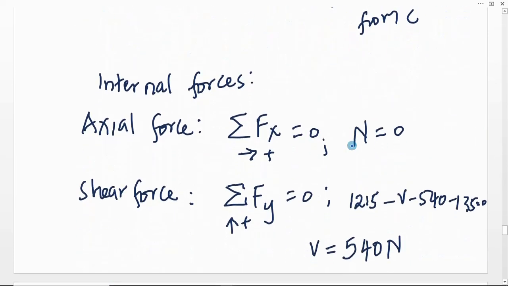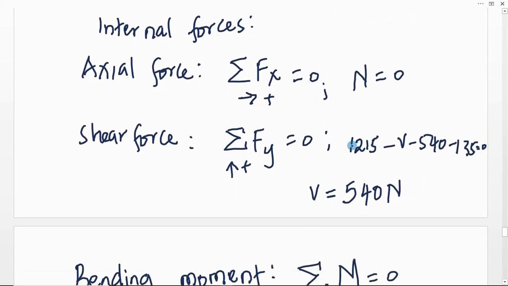Now, having known those forces, we have determined the external forces, so we need to determine the internal forces: the shear force, the axial force, and the bending moment. Axial force is determined from the sum of horizontal forces equal to 0, so that N is already equal to 0. Shear force is determined from the summation of forces in the vertical direction being equal to 0, taking the positive y direction forces to be positive.